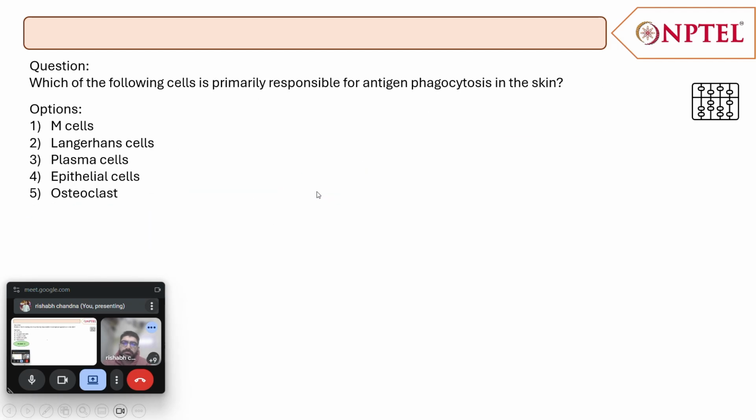Yes. So which of the following cells is responsible for antigen phagocytosis in the skin?